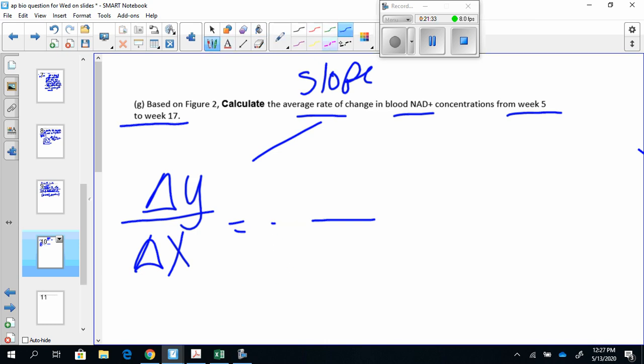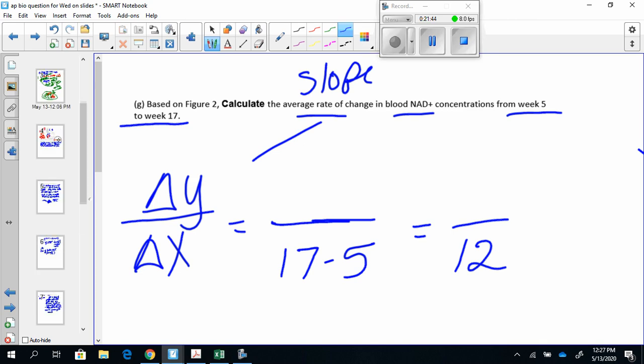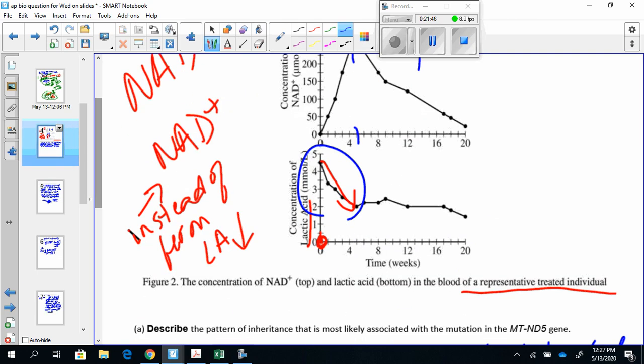All right, let's write this again. 17 minus 5. So that's 12. And now I got to go look at how the NAD plus is changing. Okay, so let me get another color here. Week 17 is right here, and I would go across.